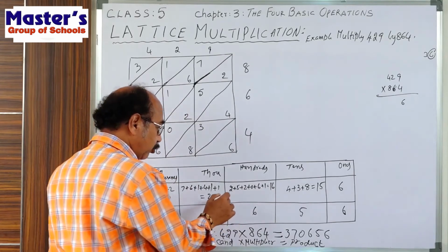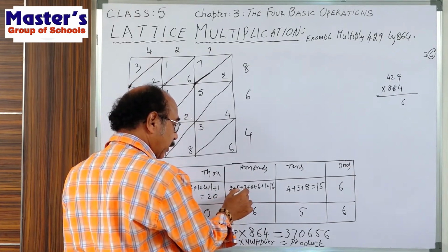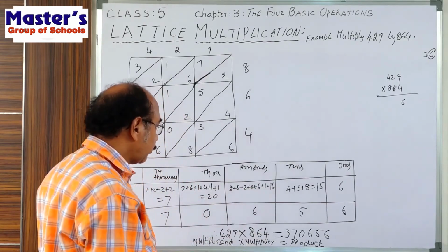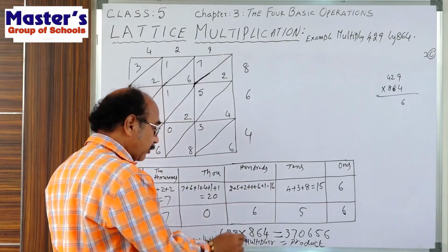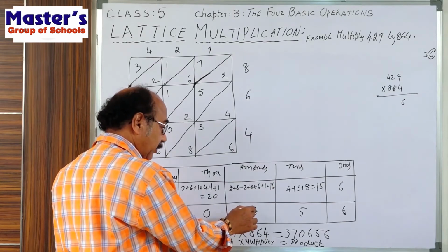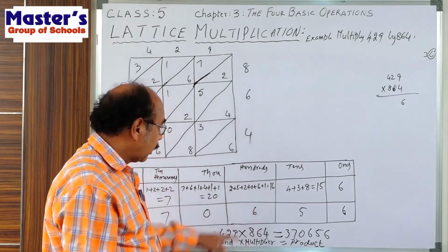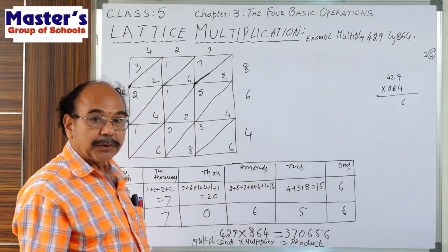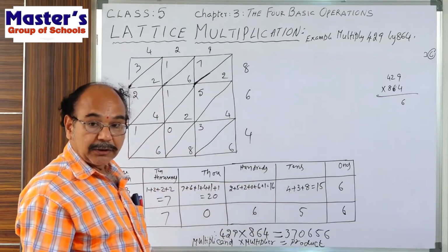Now add 2 plus 5, 7. 7 plus 2, 9. 9 plus 6, 15. 15 plus 1, 16. That's why we write 6 in the hundreds place. We write 6. And 1 is there now. That 1 is to be carried to the thousands place.